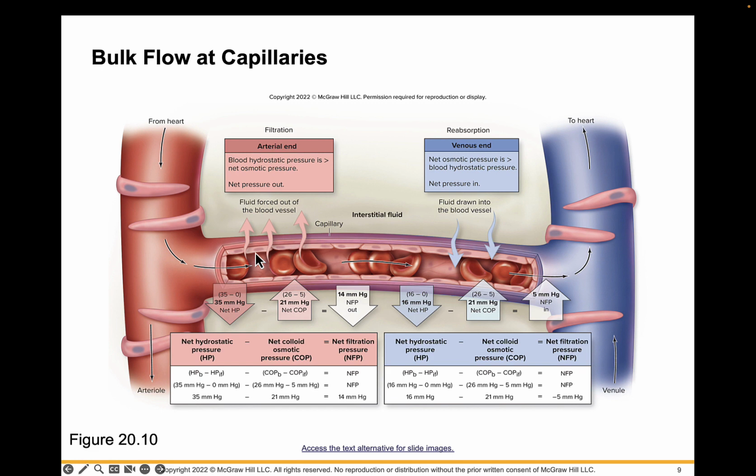But really what we're looking at here is that as long as capillary hydrostatic pressure is greater than capillary oncotic pressure, we're actually going to be seeing filtration, or fluid moving out of the capillary. When capillary hydrostatic pressure is less than capillary oncotic pressure, we're now in a situation that favors reabsorption and fluid will move back into the capillary. That's really what it is. It's just that tug of war between capillary hydrostatic pressure and capillary oncotic pressure.